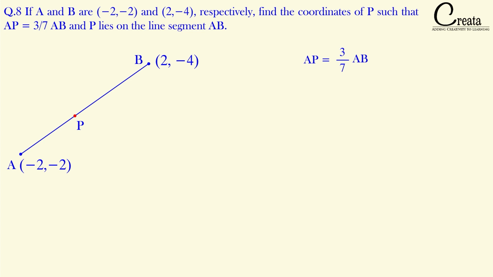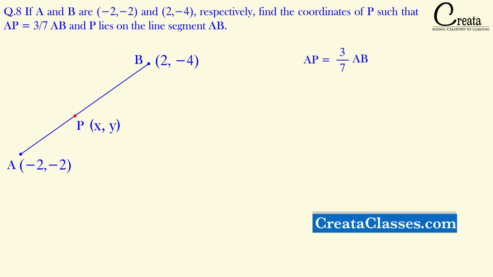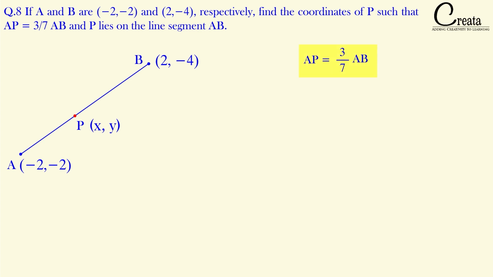Let's assume the coordinate of point P as (x, y). This point P is dividing the line segment AB into a certain ratio. Firstly, we will find that ratio, then we will apply the section formula. One hint is given, that AP is equal to 3/7 AB.